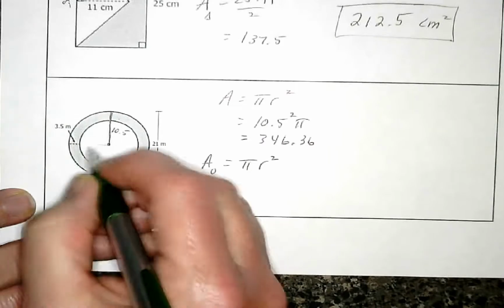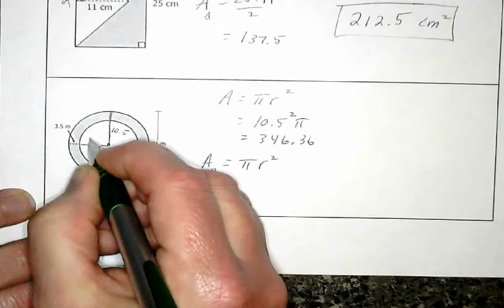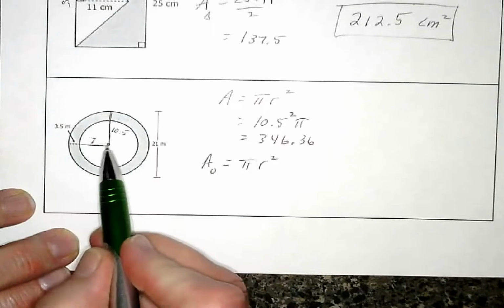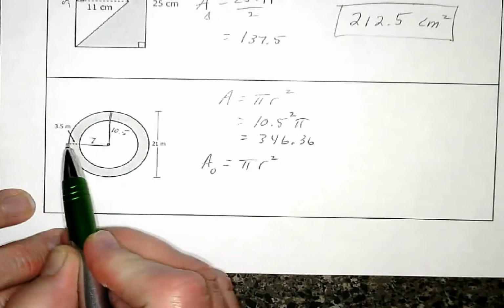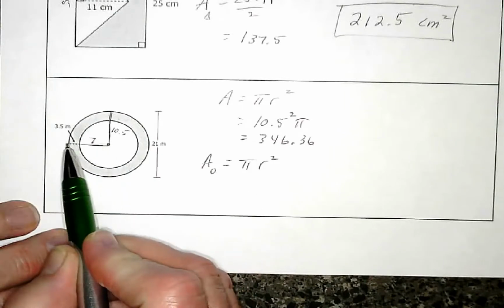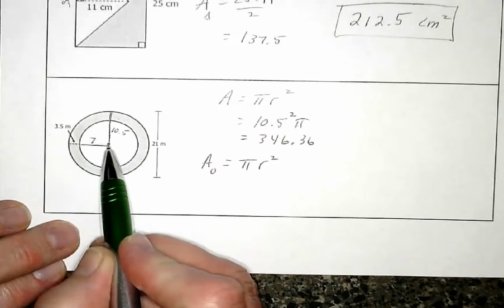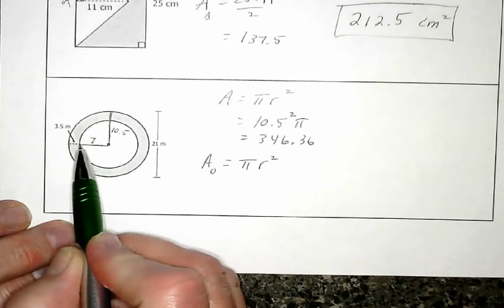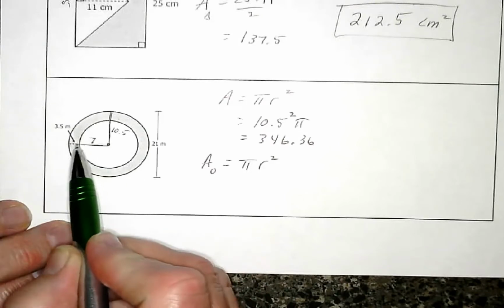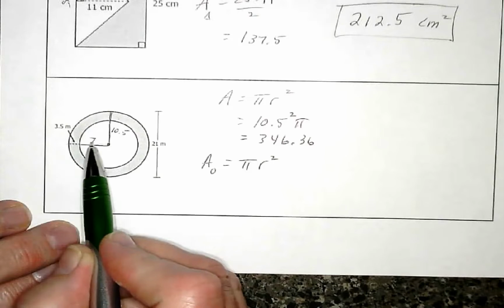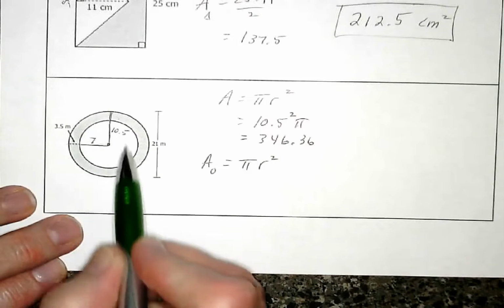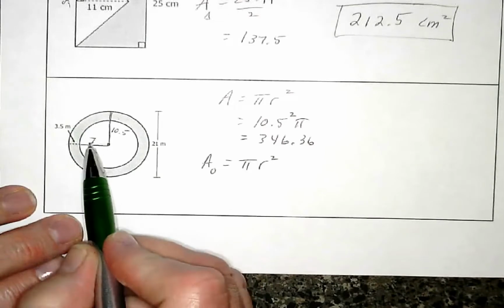That leaves 7 from here to here, because from the center out to the edge has to be 10.5, the radius of the big circle. So after I take away this 3.5, how much is left? That would be 7. So the radius of the circle that we don't want is 7.